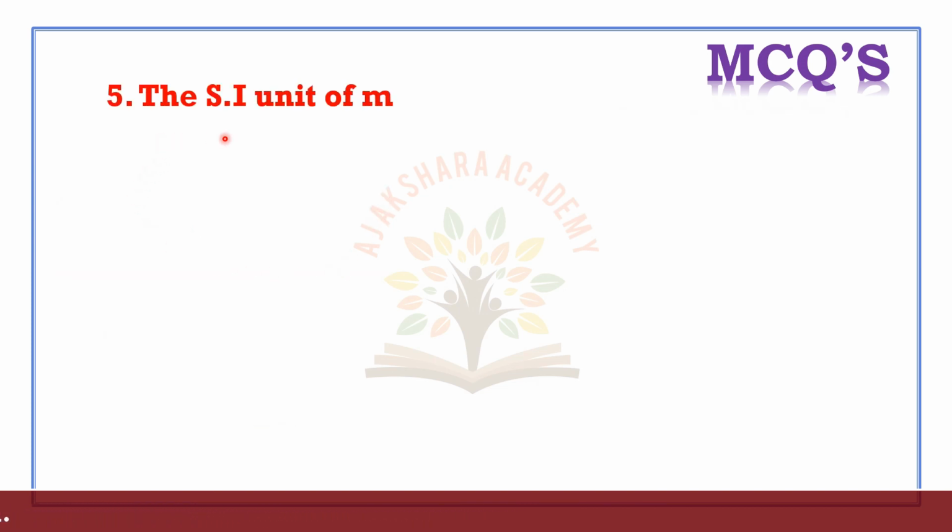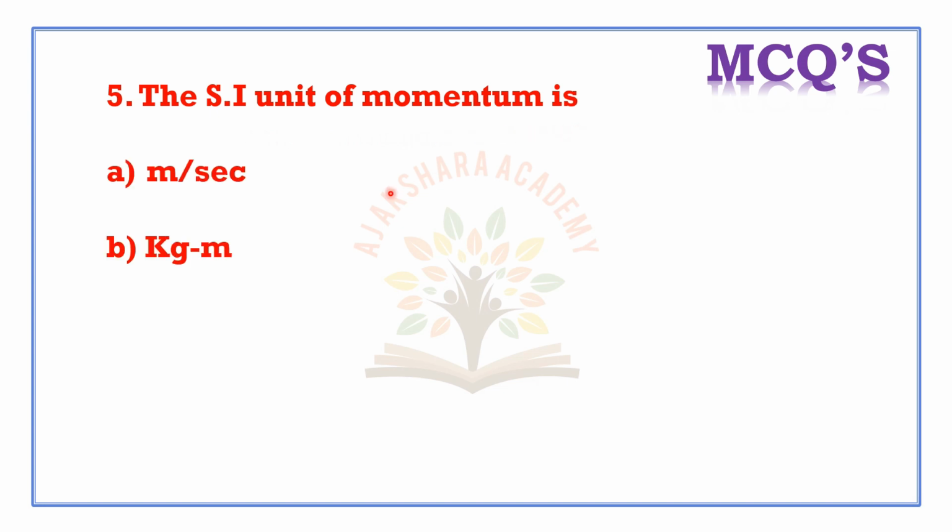Next, the SI unit of momentum is: meter per second, kilogram meter second, and kilogram meter per second square. Here momentum is nothing but mass into velocity.